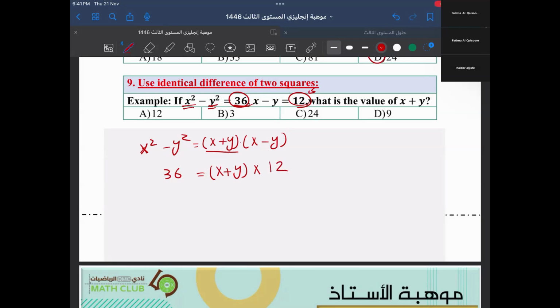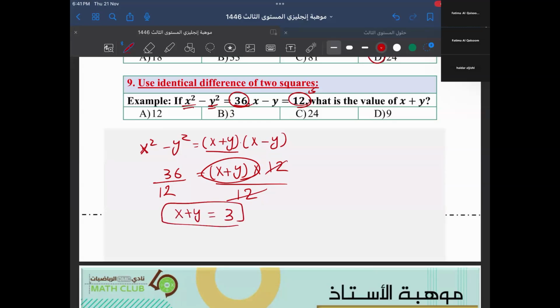So if I want to know the value of x plus y, what am I going to do? Yes, Haida? You divide 36 by 12. You divide by 12 on both sides. Yes, Mumtaz. So I'm going to divide by 12. So here the answer will be x plus y equals 3.